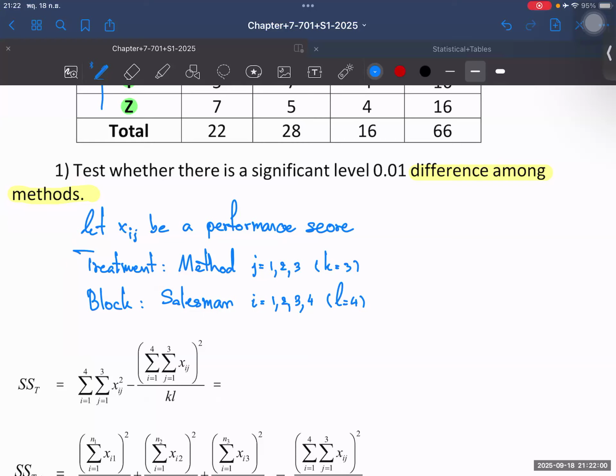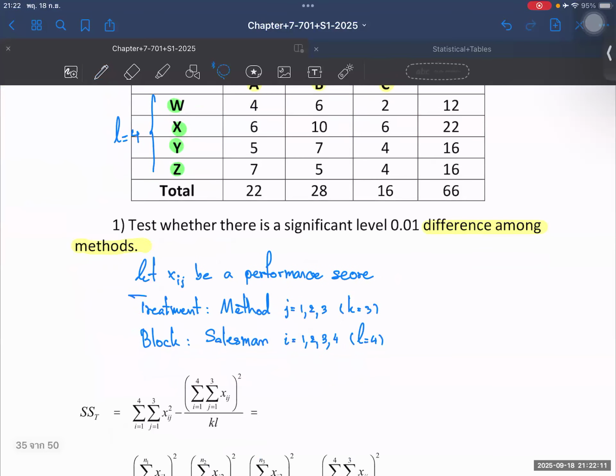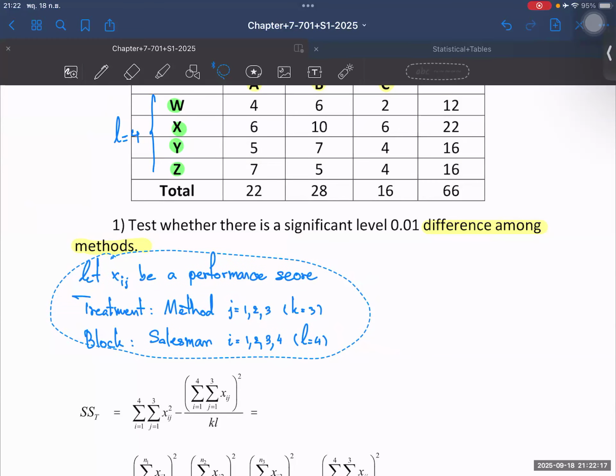So now I want to calculate the sum of the square right now. So we want to calculate the sum of xij and the sum of xij square. Okay, now I want to calculate.